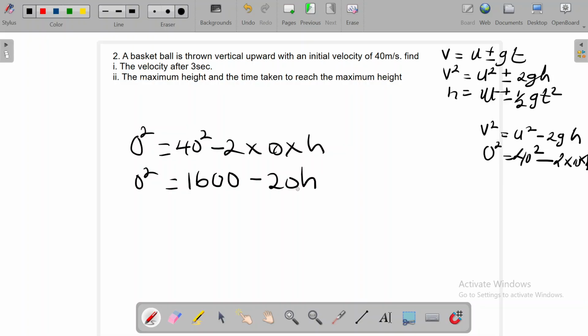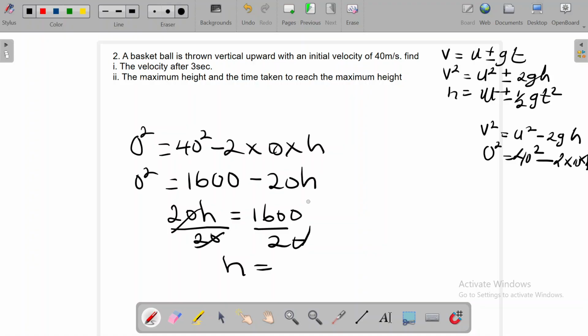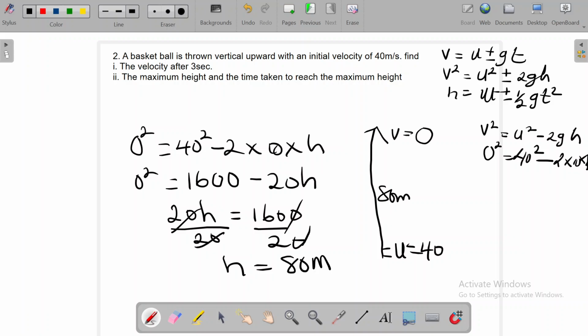If you take the negative 20h to the other side of the equation, it becomes 20h is equal to 1600, divided by 20, divided by 20, and this gives you h should be 80 meters, meaning as the ball moves upward with an initial velocity of 40, the height it gets to is 80 meters before the final velocity becomes 0.